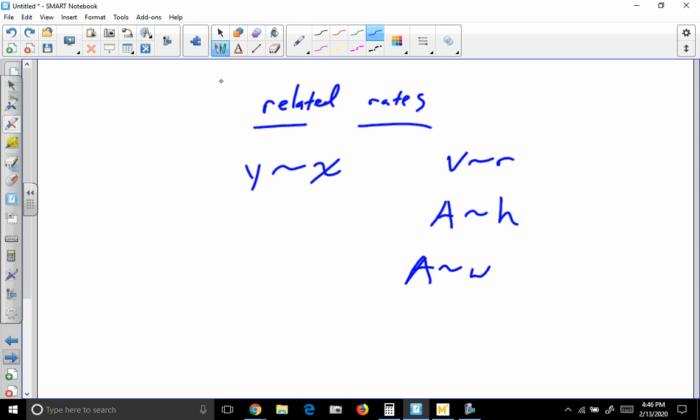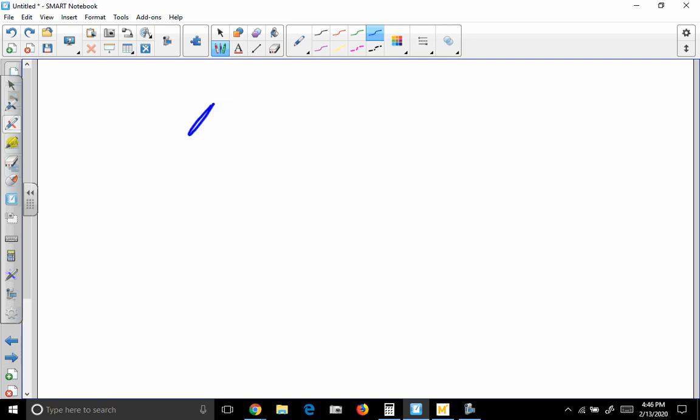Sometimes we might have an equation, for example, the area of a rectangle is length times the width. But if our rectangle is going to be a similar rectangle, notice we have two different variables here. We might only want one variable there on the right side. So we would need an equation that relates length and width. We might be told that for our given rectangle, the length is always 3 times the width.